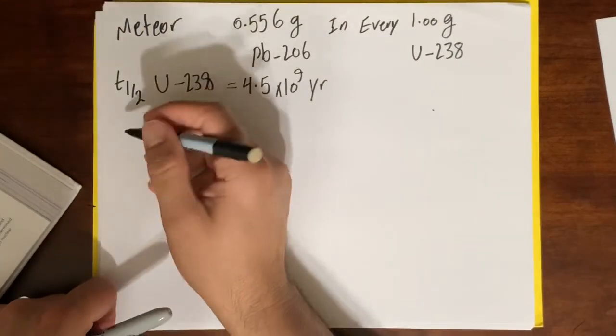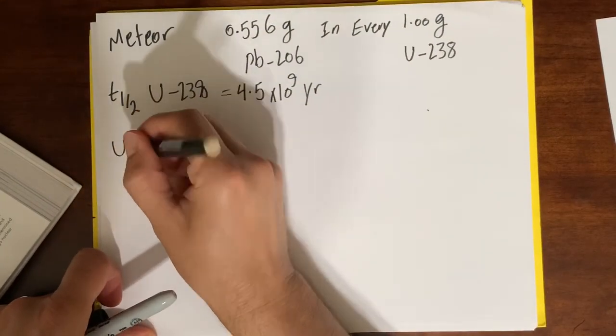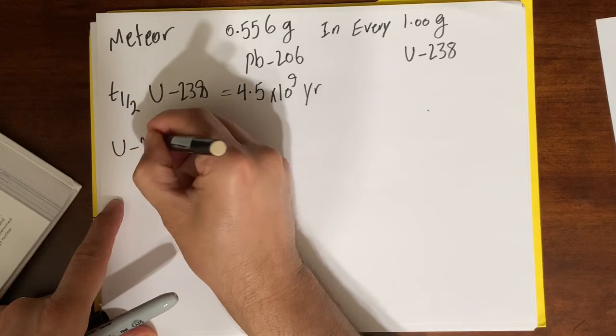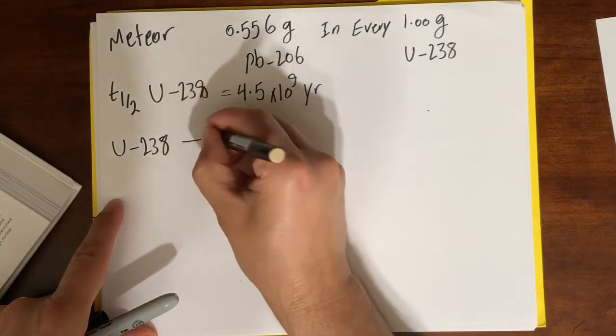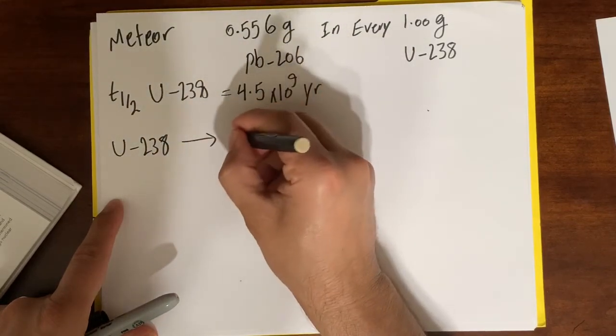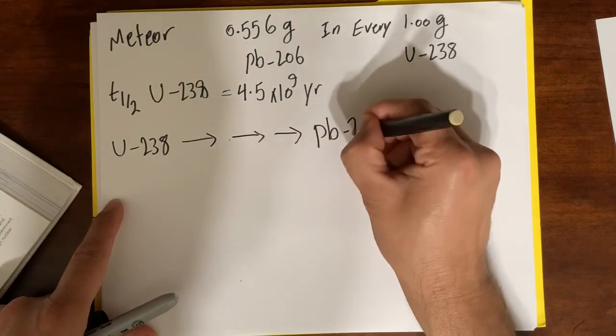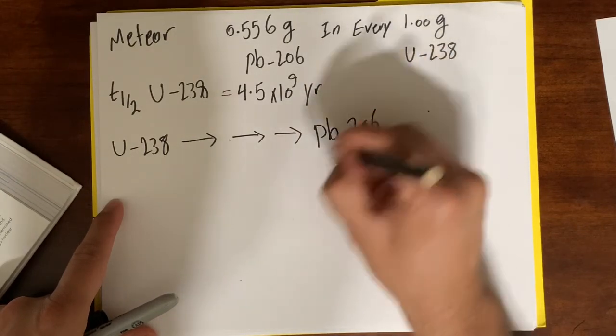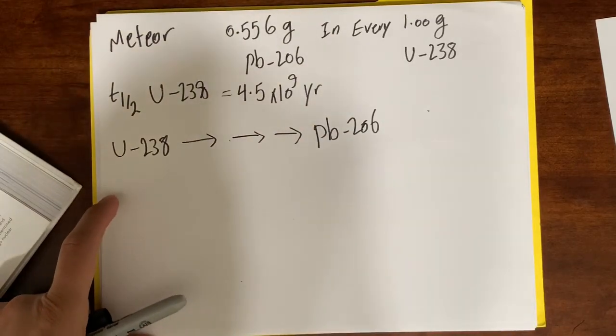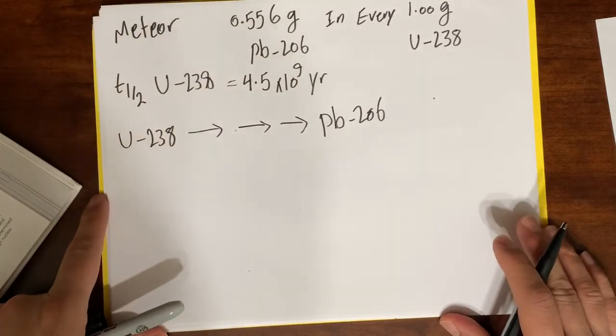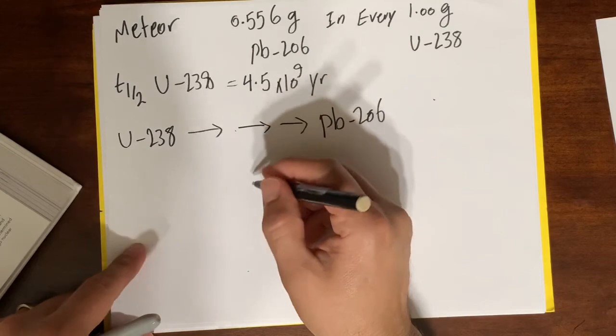Okay, I need to remind you about this. That's uranium 238. At the end, it will turn to lead 206. So it's not stable. Okay. You go with this.